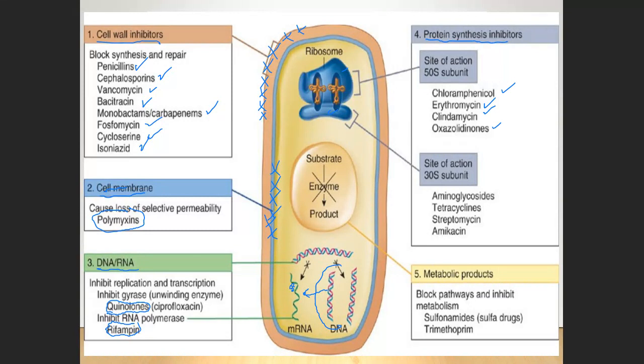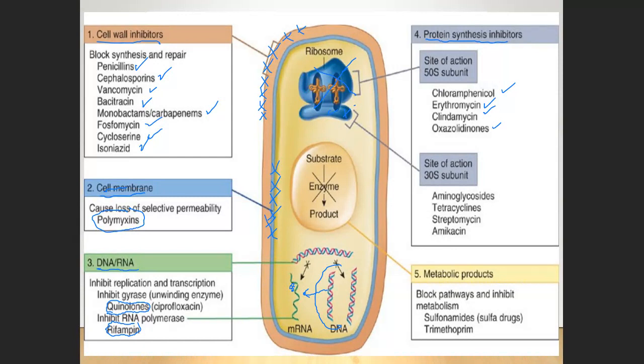These only block protein synthesis on the large subunit. There are also some drugs that actually work on the smaller subunit. When one of the subunits is blocked, then protein, like enzymes, will not be produced, and then the bacteria will die because they need the enzymes in order to grow or reproduce.